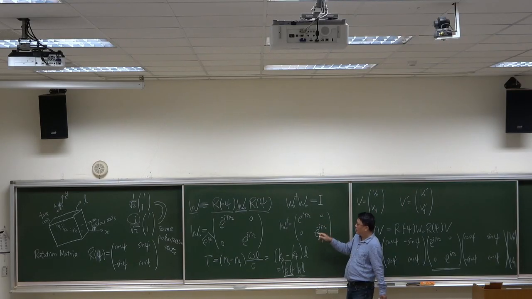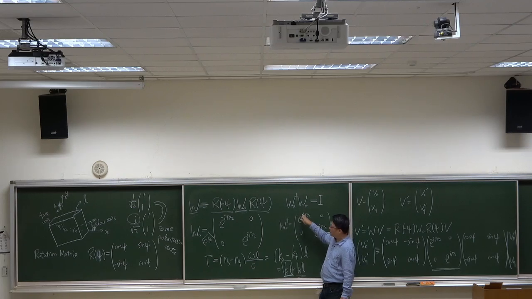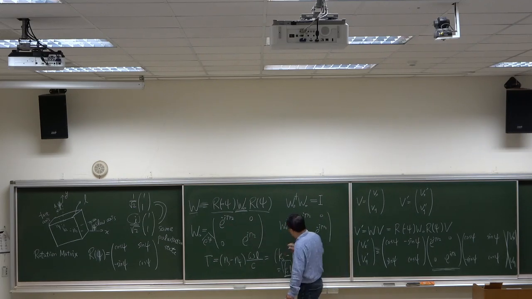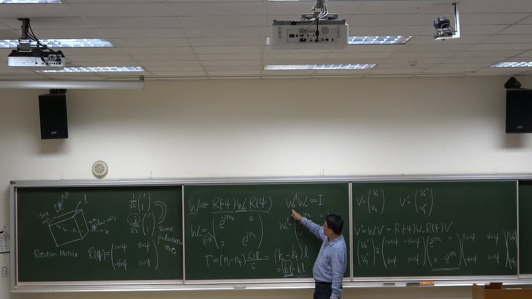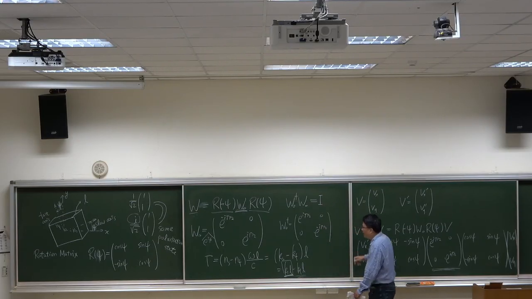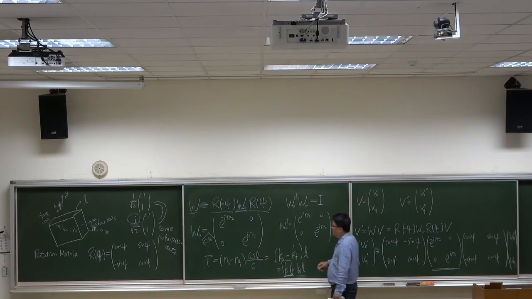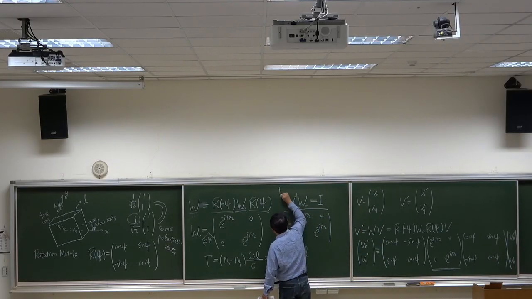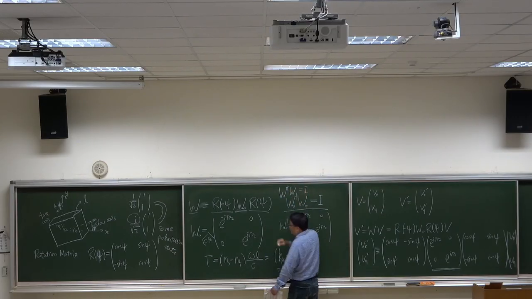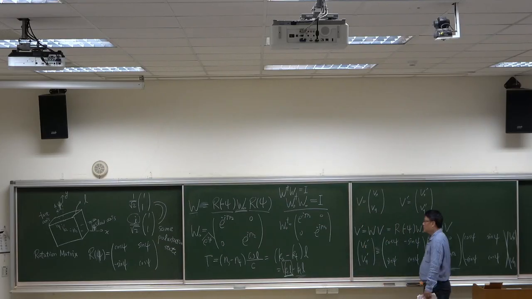And we know that this matrix is the inverse of this matrix, and this matrix is the inverse of this matrix. So W naught dagger times W naught is equal to the identity matrix, or unit matrix. And from this result, we finally find that W dagger times W is also equal to the unit matrix.